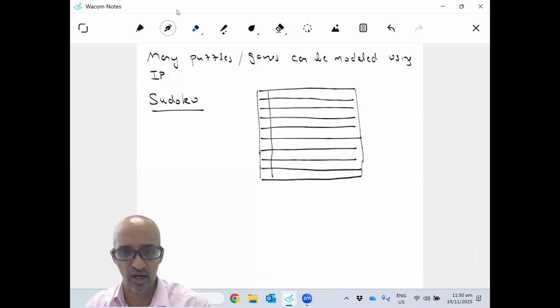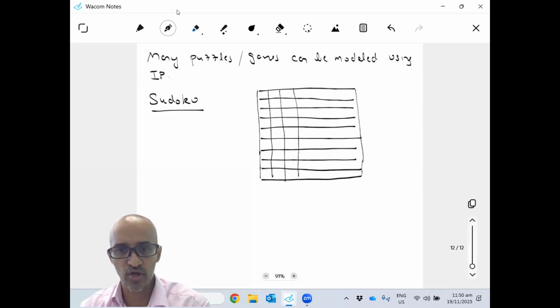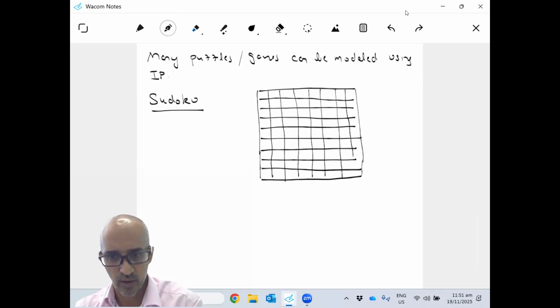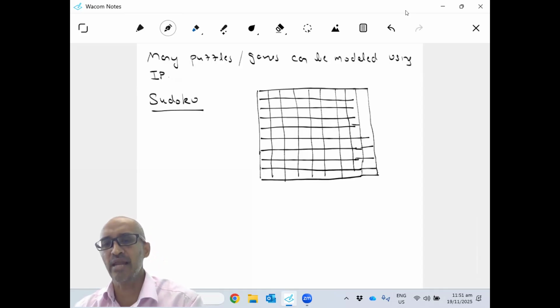In the basic Sudoku, there are extensions of this, but let's do the basic one. 1, 2, 3, 4, 5, 6, 7, 8. And then you'll have one more column, the ninth column. Okay. So it's a 9 by 9 grid.